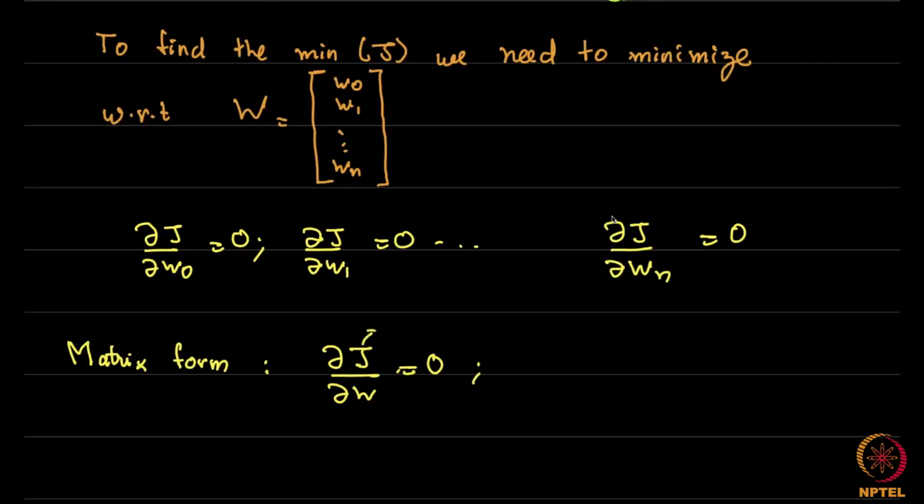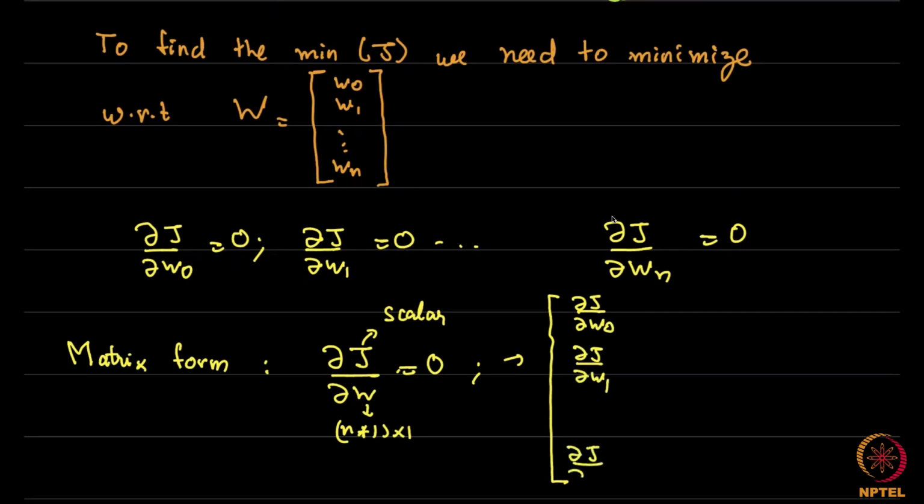Now notice J is a scalar, but W is a vector, an n+1 cross 1 vector. So this is the same as saying del J del W can be written as the vector of del J del W naught, del J del W1, and so on.